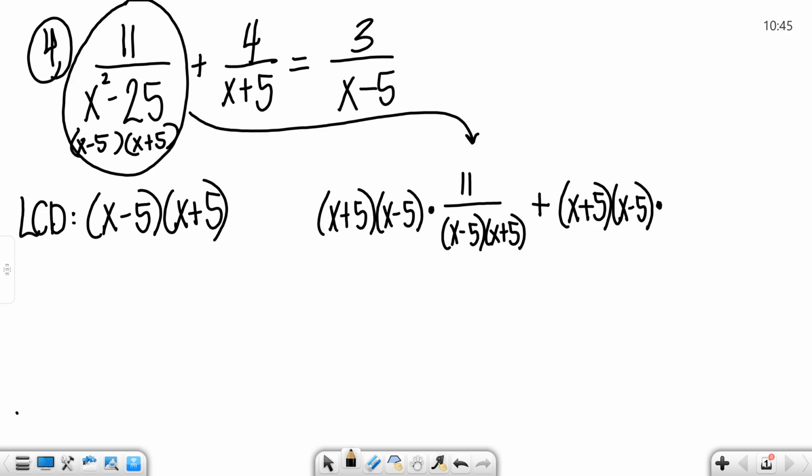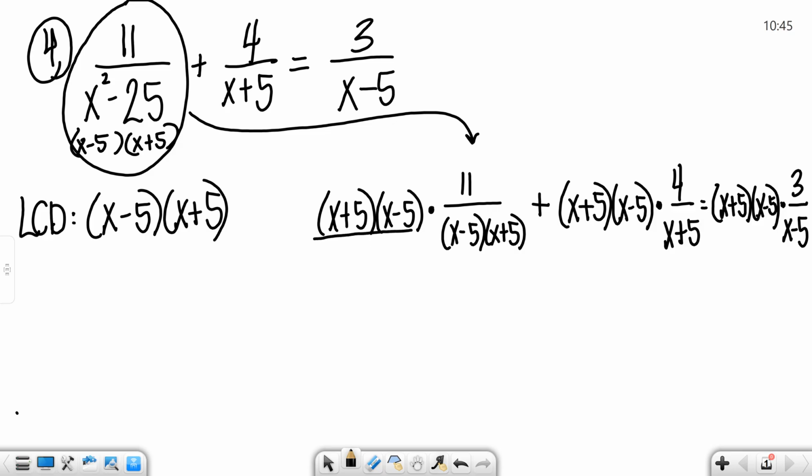Now it gets multiplied times the 4 over x plus 5 is equal to my least common denominator times the 3 over x minus 5. Woo! Almost ran out of space. Okay, so everything got multiplied by my least common denominator.